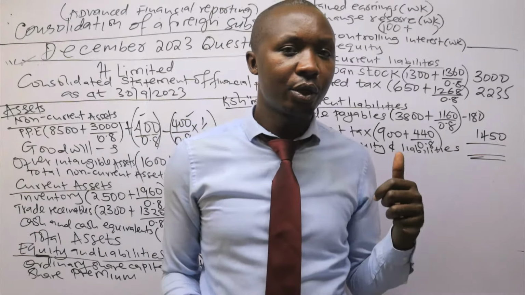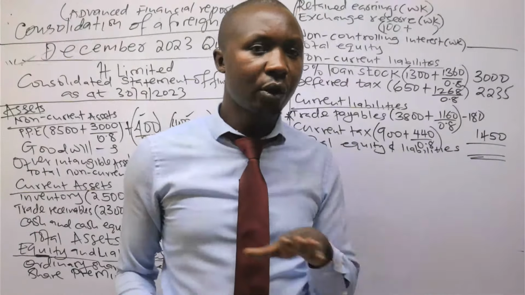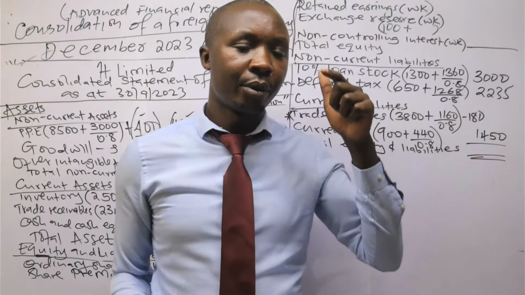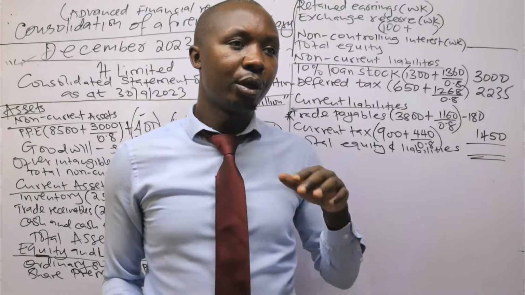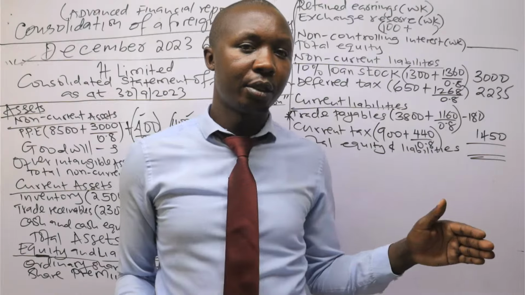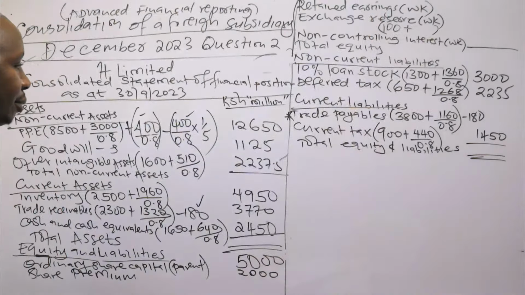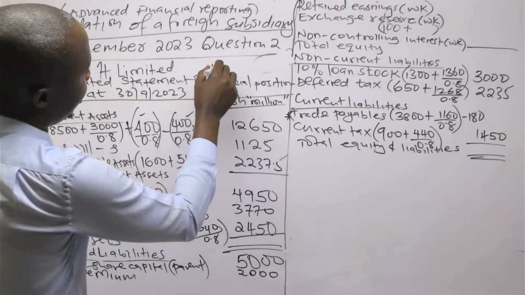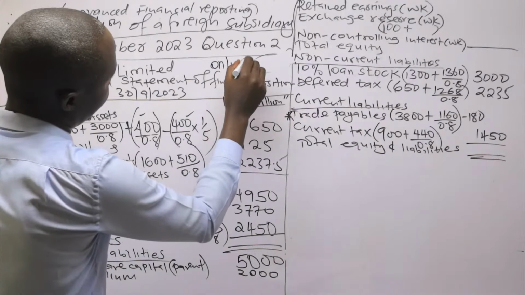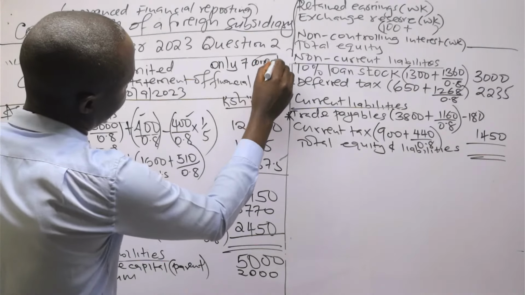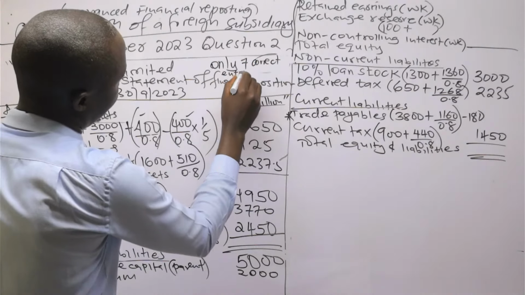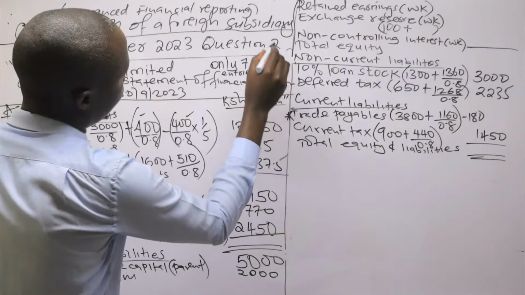So if I look at this question we have done, we have everything. We have scored 100%. Because already, the way they were marking goodwill, we got everything. The first part I did, how are they marking this? They were looking for only 7 correct entries. They multiply by 2, you get your 14.